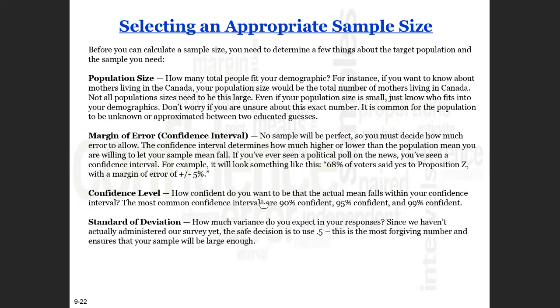Your confidence level: how confident do you want to be that the actual mean falls within your confidence interval? The most common confidence levels are 90%, no, 95% confident, and 99% confident. Why do I say no for 90%? I just talked about margin of error. What happens if your confidence level is at 90%?